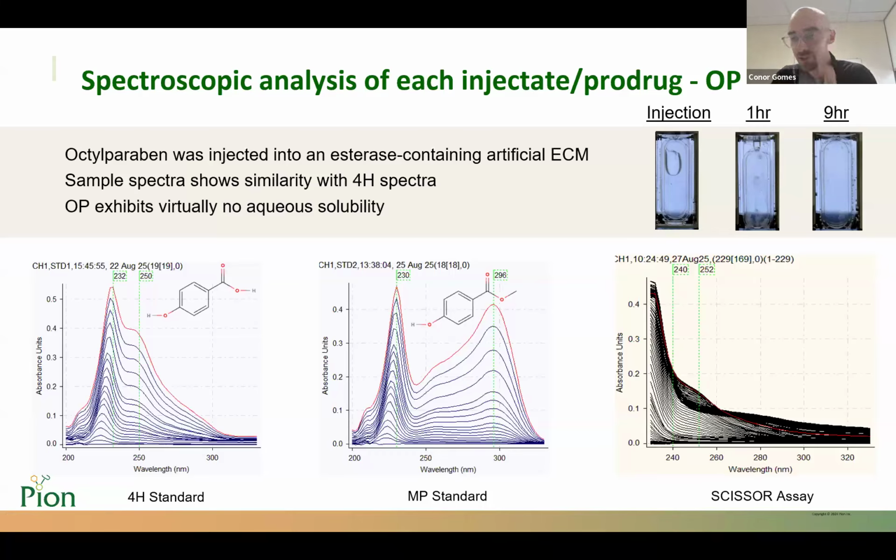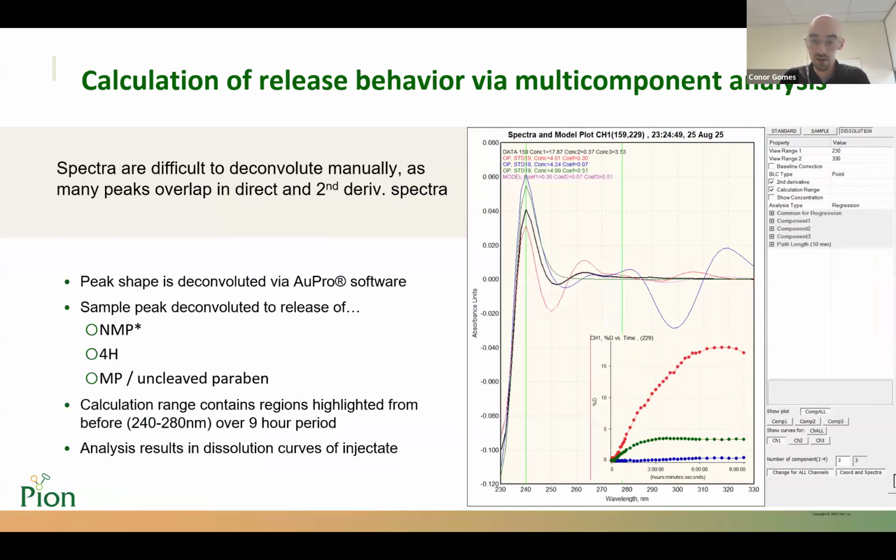But as you can see from all the spectra I just showed, they're not the prettiest. We're tracking shoulders and qualitative shifts that I'm explaining verbally. In order to deconvolute those release curves, we employed some tools within our AU Pro software system, which is the software package that's paired with our Rainbow platform. There's a multi-component analysis deconvolution tool, where here we have the red, blue, and green standards, which are our 4-hydroxybenzoic acid, our methylparaben, and our NMP spectra, respectively.